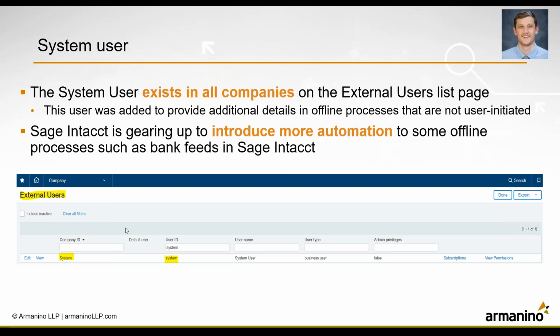It was really added to help Intacct gear up to introduce a lot more automation to offline processes such as bank feeds in Intacct. I think we're going to see the system user going forward being used to help with a lot more enhancements that are going to be rolled out into future releases. So something to look forward to here.